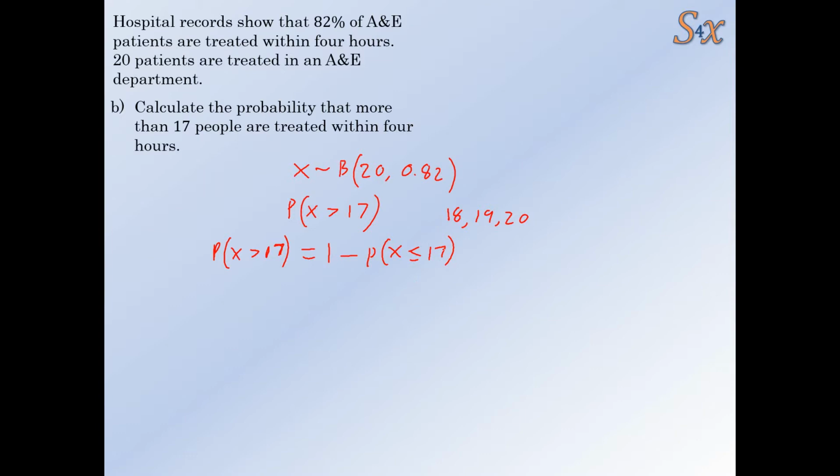Can we use the tables? No, because p is 0.82 and that's not in the tables, unfortunately, so we need the formula. So we're going to figure out the probability x is less than or equal to 17. The formula looks something like this.